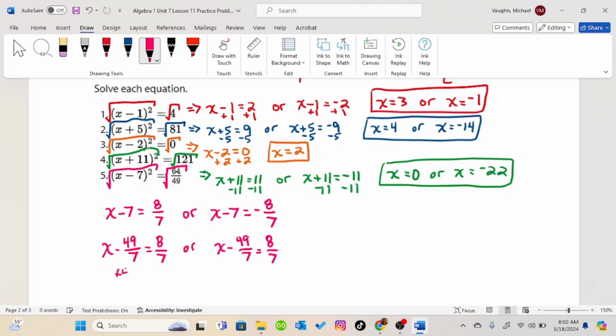Now we're going to add the 49 over 7 to both sides.